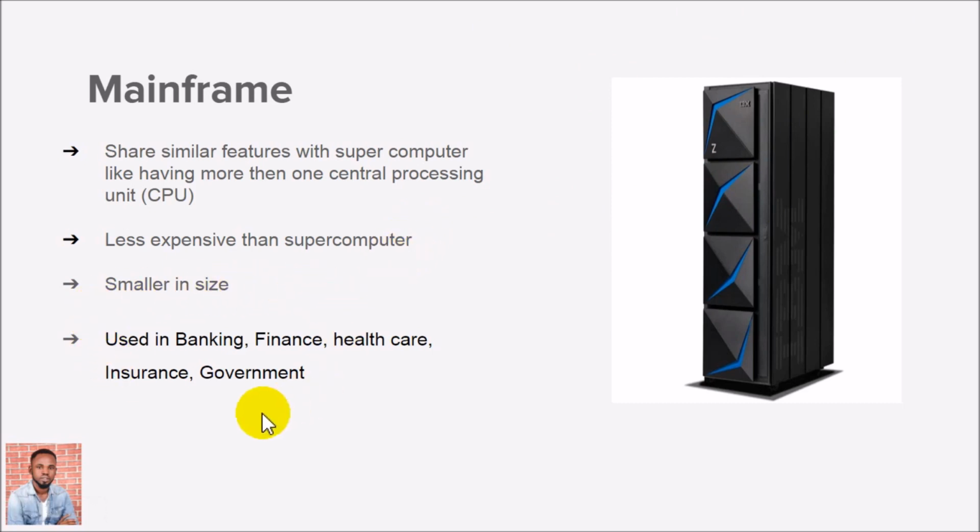They're also used in banking, finance, healthcare, insurance, government offices, and all that. So this kind is less expensive, and medium scale businesses can afford these computers to power their operations. This is one kind of computer you find when looking at size: mainframe computers.